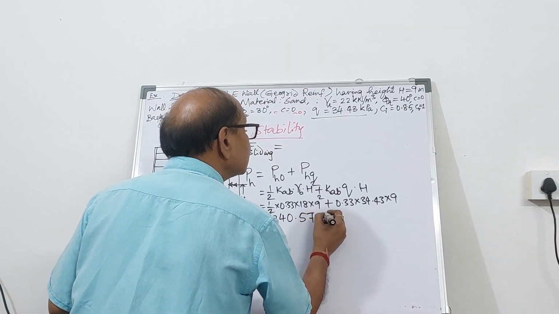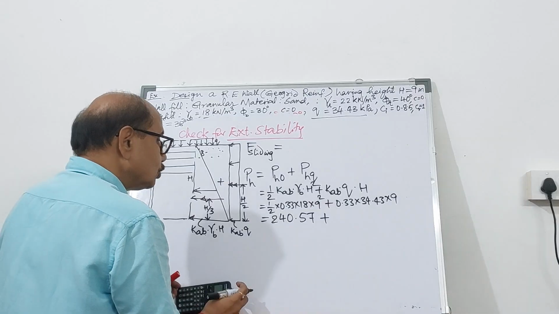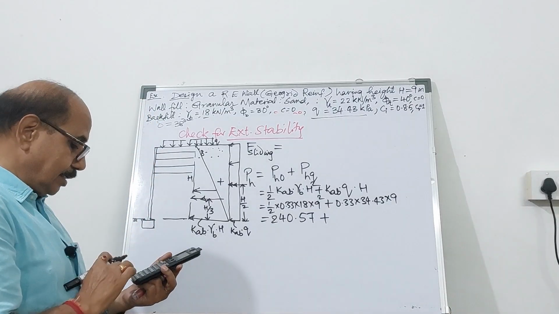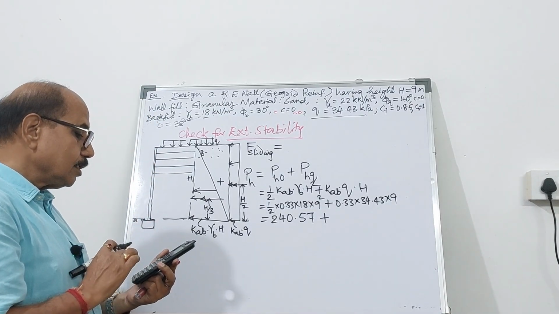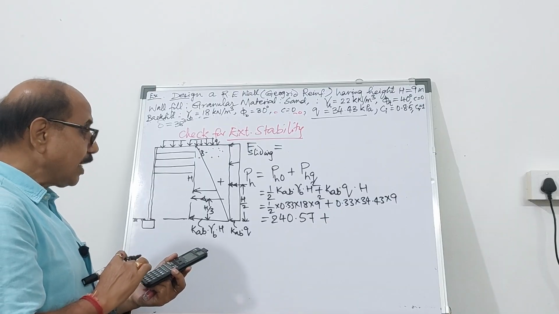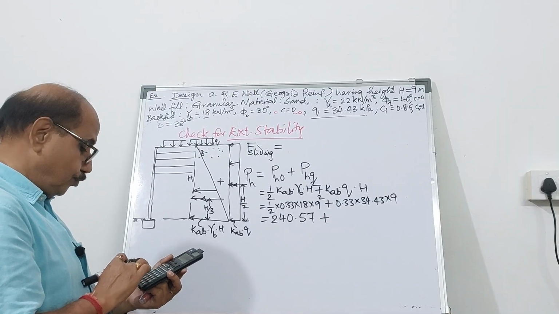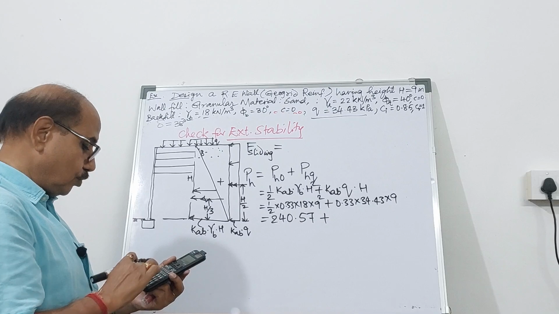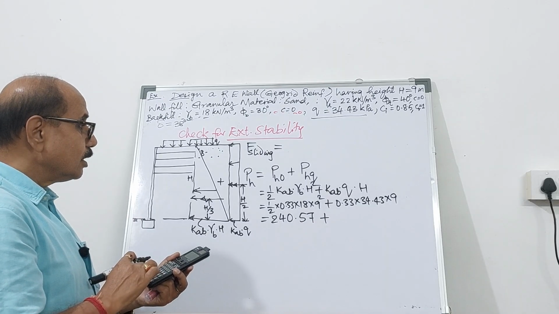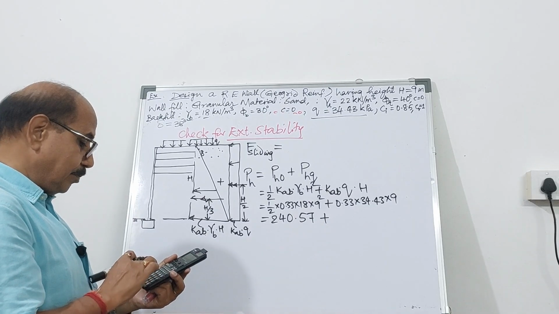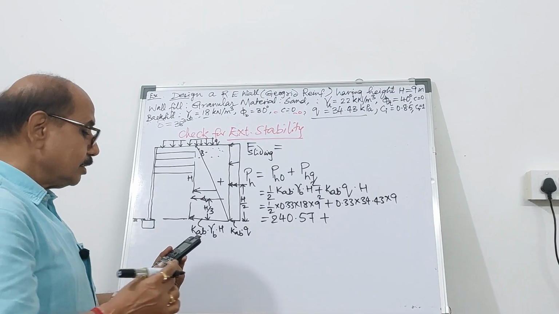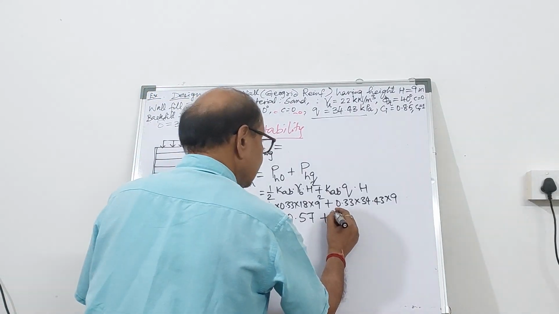240.57 plus this becomes 0.33 multiplied by 34.43 multiplied by 9. This is 102.25.